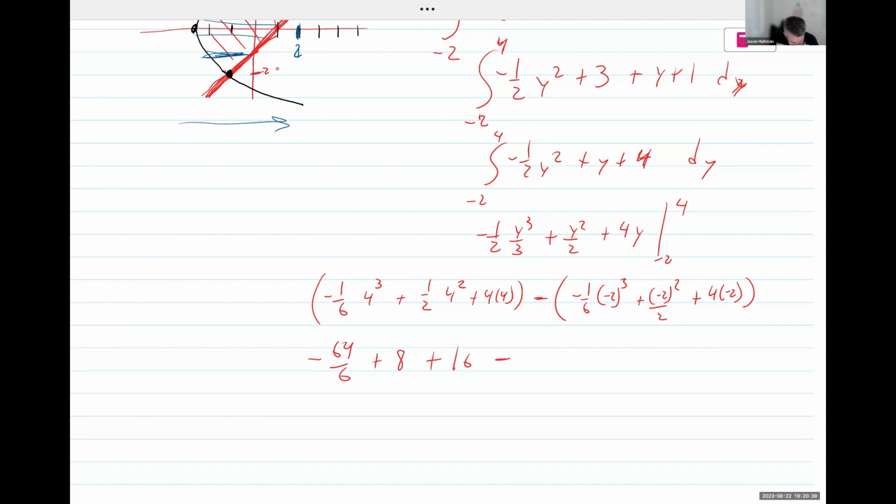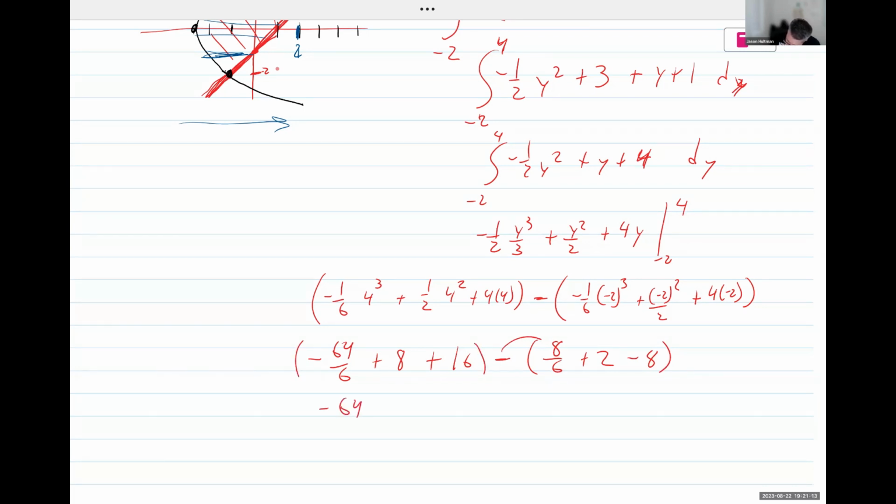Minus, this is going to become -2 times -2 times -2, that's -8, so this is -1/6 times -8. Then -2 times -2 is 4, 4 divided by 2 is 2, plus 2, and then this is going to be -8. I'm going to distribute that negative sign.